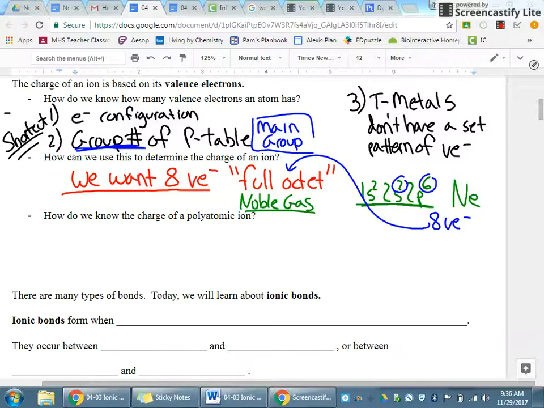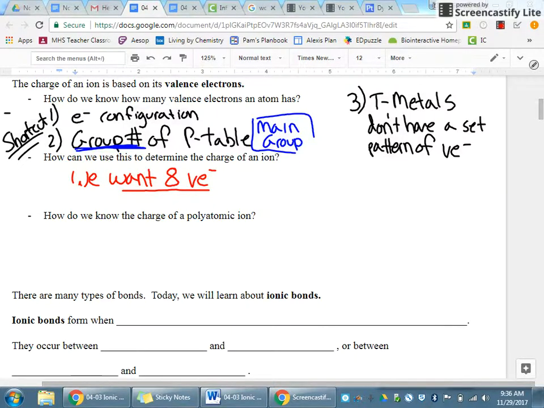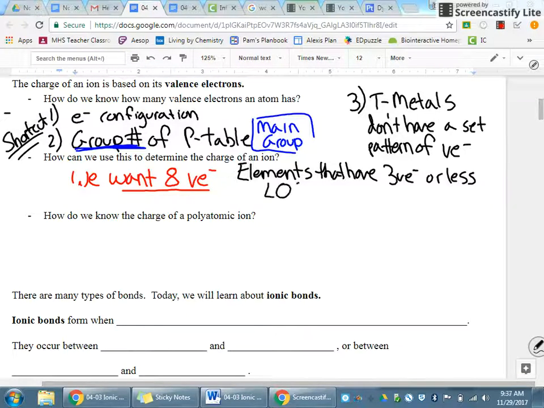So how can we use this to determine the charge of an atom? Well, in addition to wanting 8 valence electrons, you're going to pick the easiest way out. So elements that have 3 valence electrons or less will lose those 3 electrons, because that's easier than adding 5 electrons to get 8.